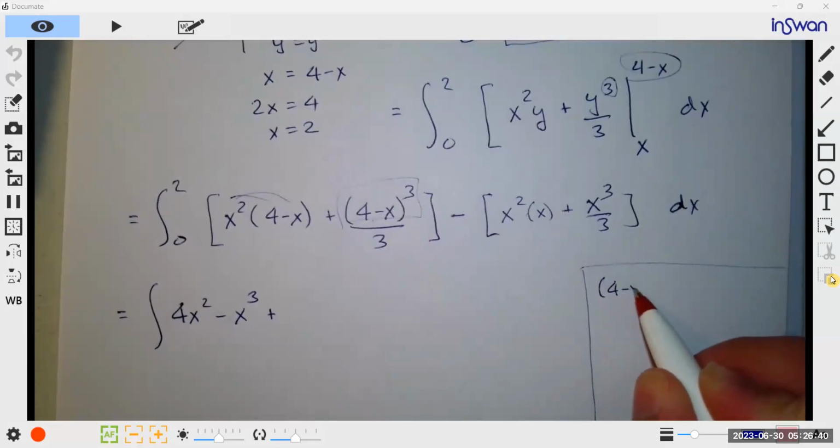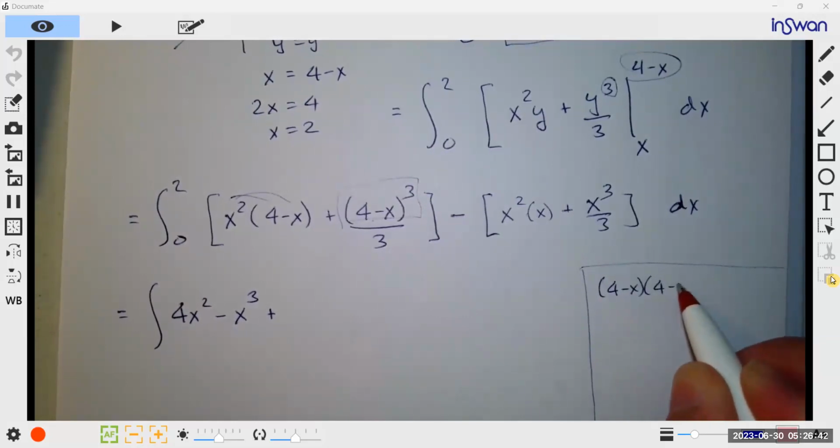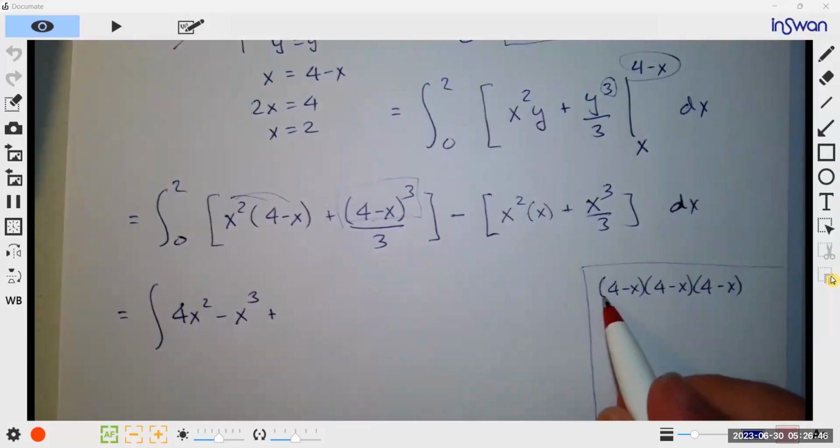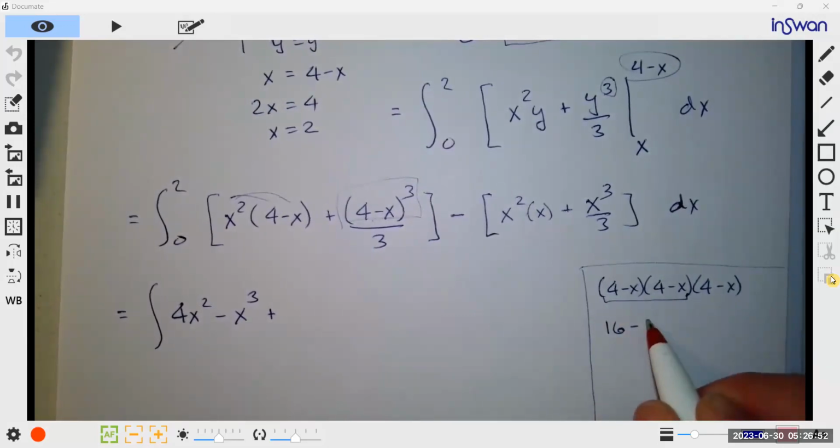That's 4 minus x, 4 minus x, 4 minus x. That becomes 16 minus 8x plus x squared.